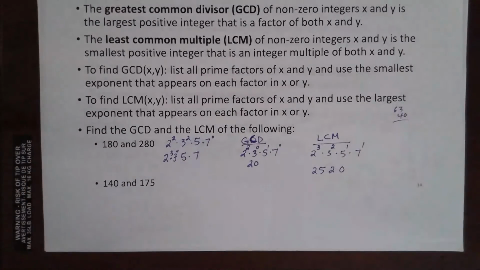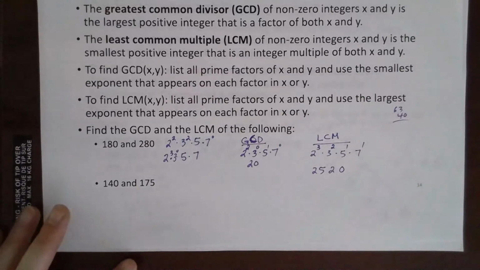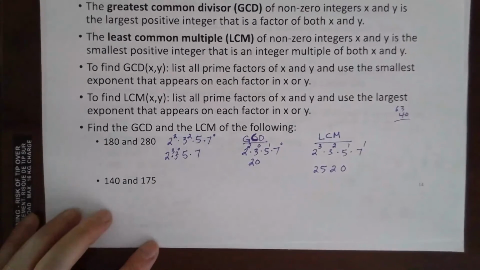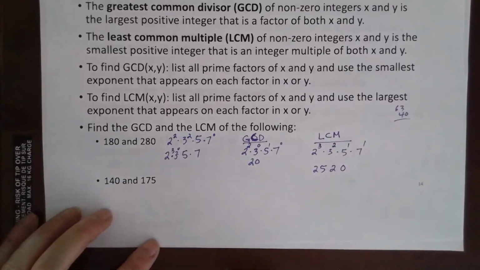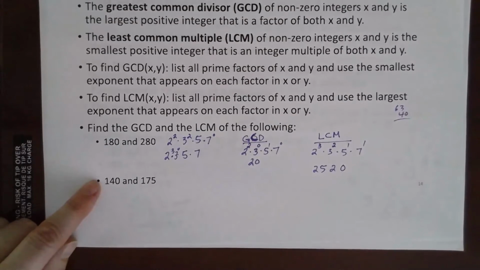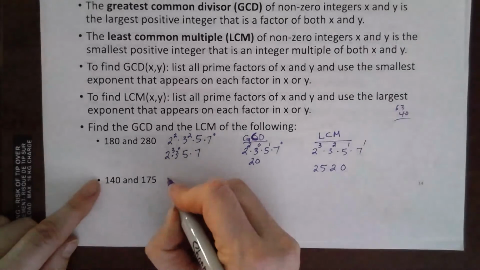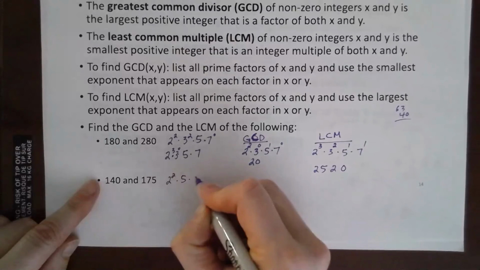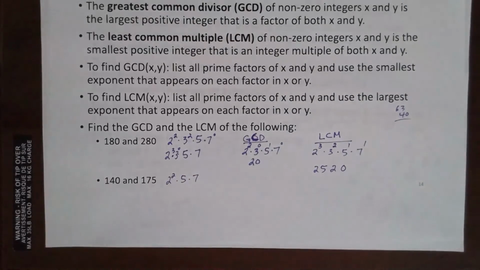Okay, so now that we have that process, let's go through. Can you just, in your brain, do the prime factorization of 140? 2 squared times 5 times 7. Yeah, because it's 14 and 10. Did you do that, or 2 and 70?